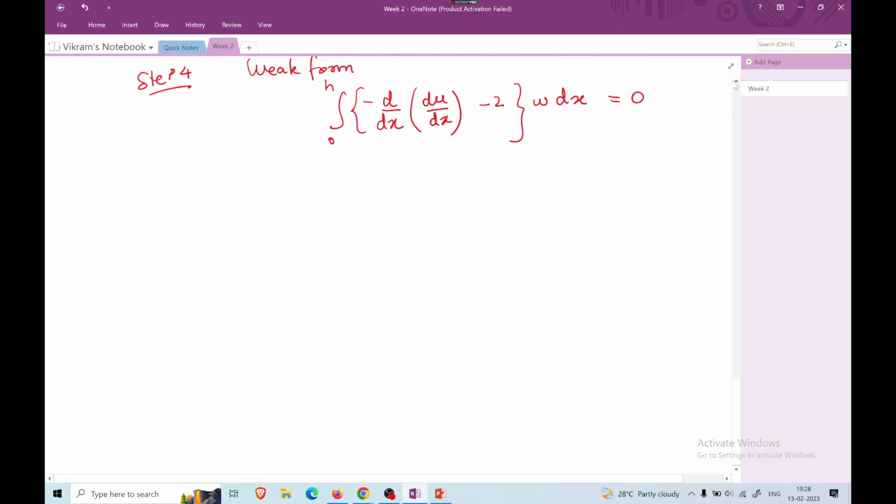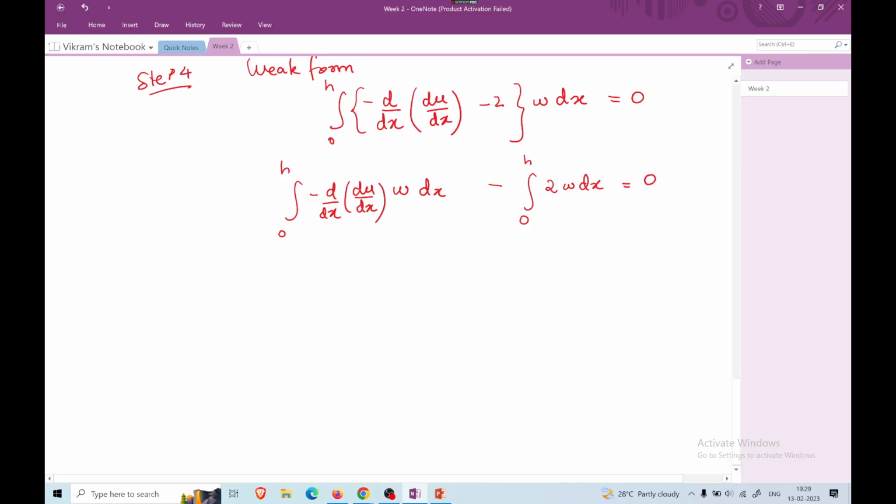I am writing d square u by dx square as d by dx of du by dx. Now I am going to split the integral: integral 0 to h of minus d by dx of du by dx into w dx, minus integral 0 to h of 2 times w dx, equal to 0.